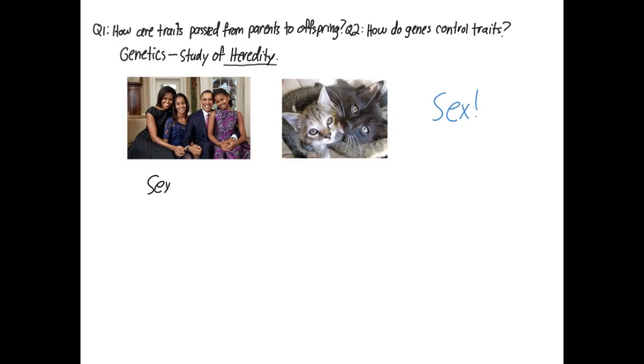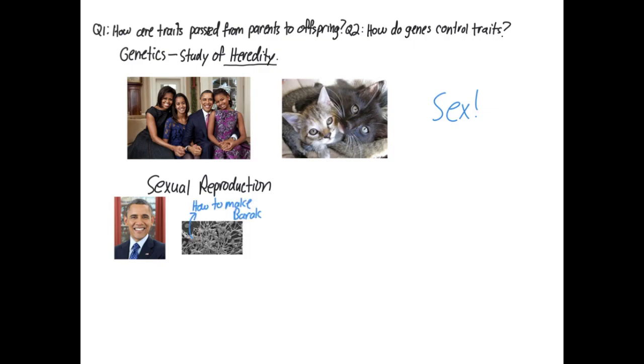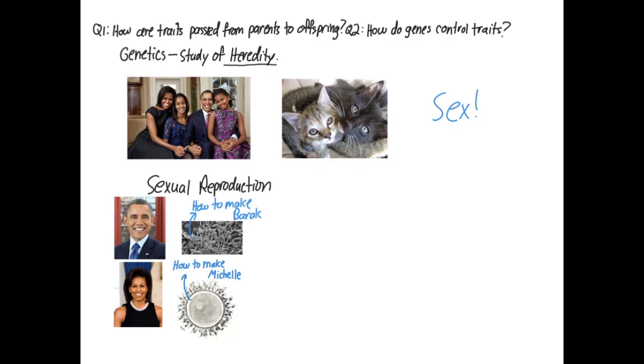During sexual reproduction, the male loads the instructions for how to make his characteristics into his sperm. And the female sends her instructions for how to make her characteristics through her egg.